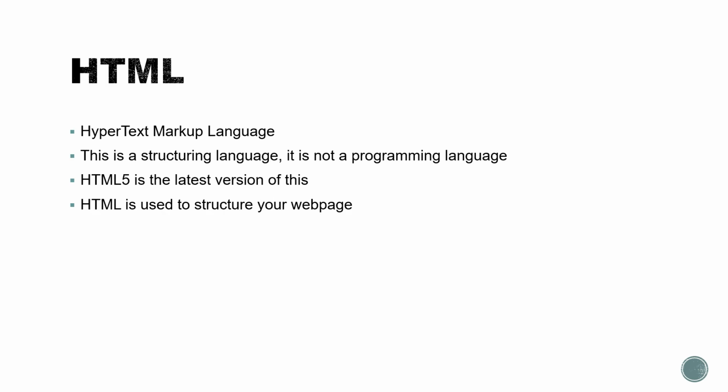So the base language for all web pages is HTML, which is Hypertext Markup Language, and a lot of people think that HTML and CSS, for that matter, are programming languages. They're not. They're designed to structure pages. If you actually create something in HTML, it doesn't do anything like a programming language would.